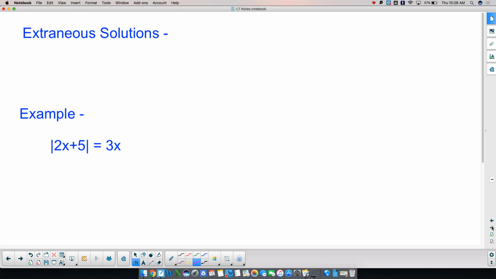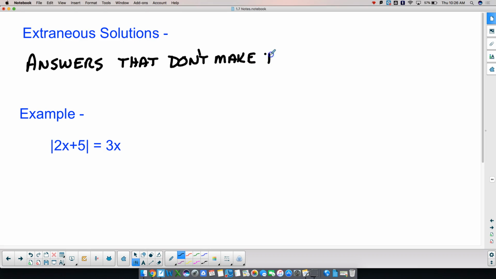Extraneous solutions are answers that you get to a problem that don't make the original equation work. And we kick them to the curb.